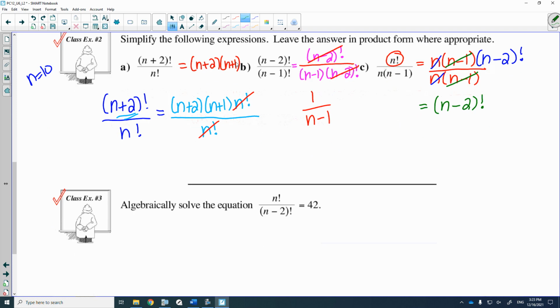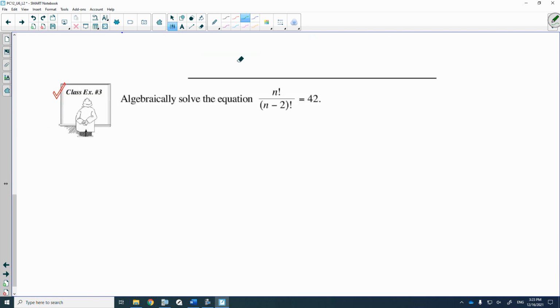Let's look at class example number 3. Algebraically solve this equation. So right now, just ignore this equals 42 and look at these two, numerator and denominator. Which one would you unzip? So it's always the larger one. So 10 factorial versus 8 factorial, so it's going to be the numerator. Where do we stop?